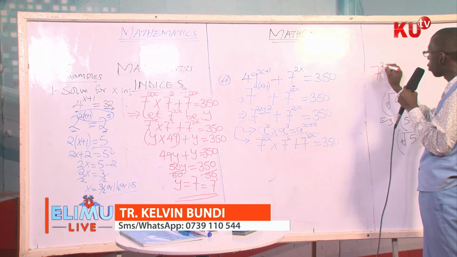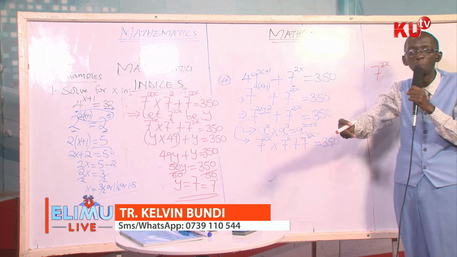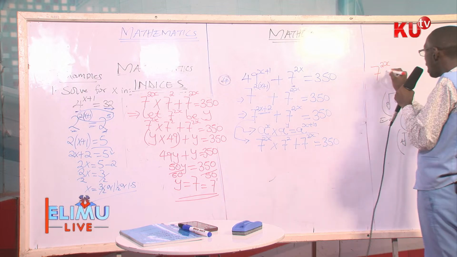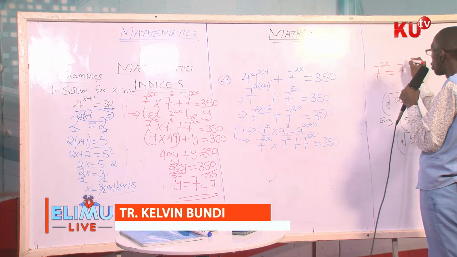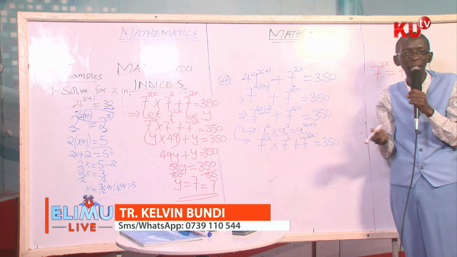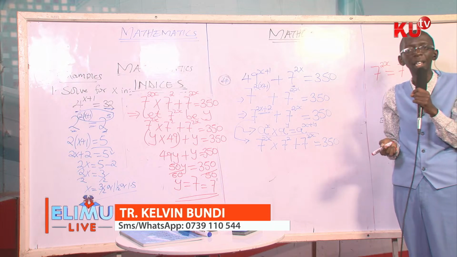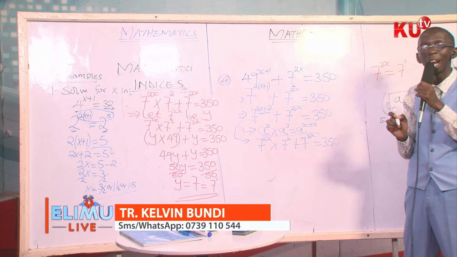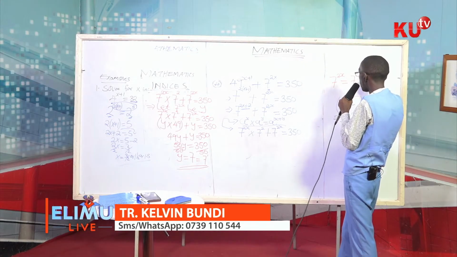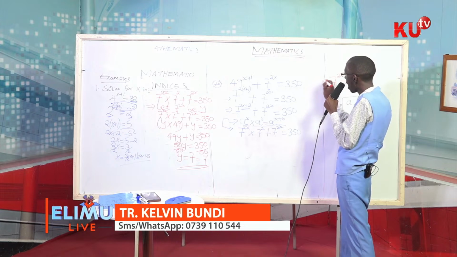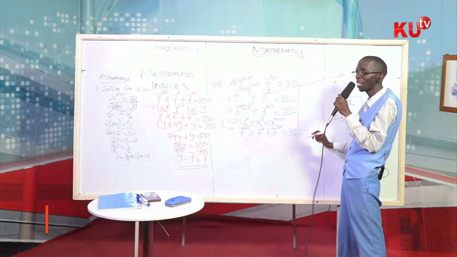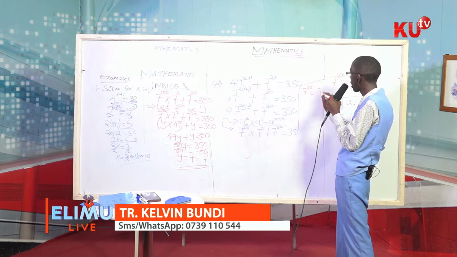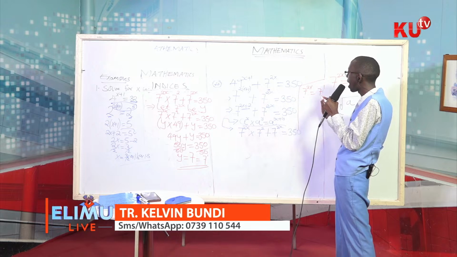You will equate and say 7 to power 2x, that we let be y, is equal to 7 to power 1, that we have gotten as the value of y. So since we have 7 to power 2x is equal to 7 to power 1, the bases are the same.